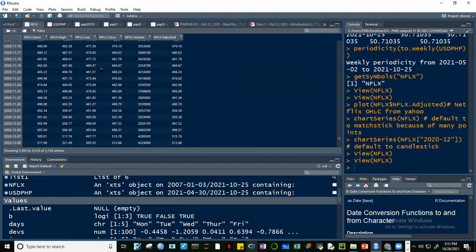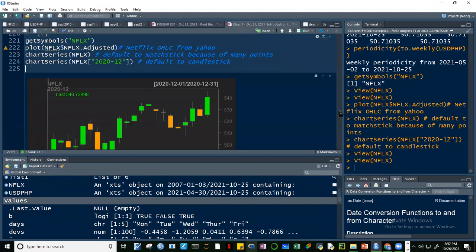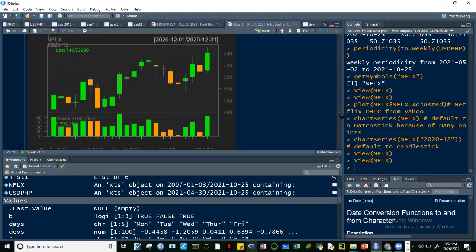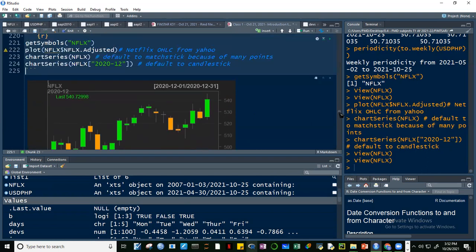And then there would be a candle wick, because the highest price was 509 and the lowest was 491.98. Okay, so that's how quantmod plotted this, and this is the volume. Okay, clear so far, guys? Is the chart series clear?